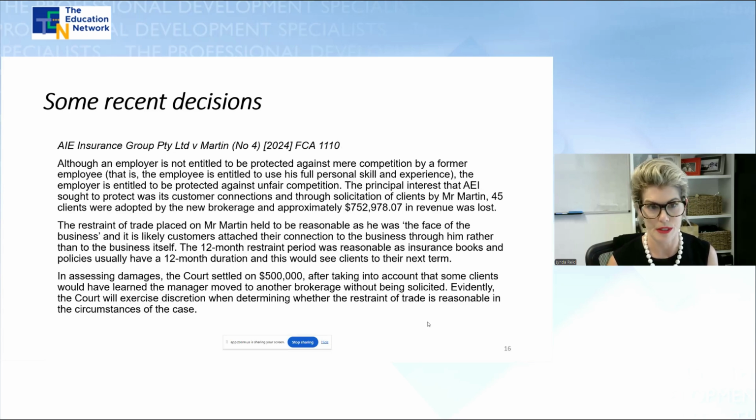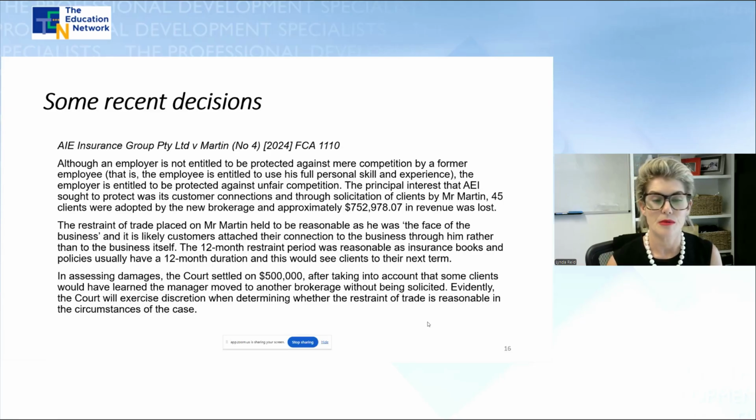So the interest that the employer was seeking to protect was its customer connections, because Mr. Martin was using those customer connections and soliciting clients who were then taken to the new brokerage firm, and they attributed the loss of revenue to be about $750,000.